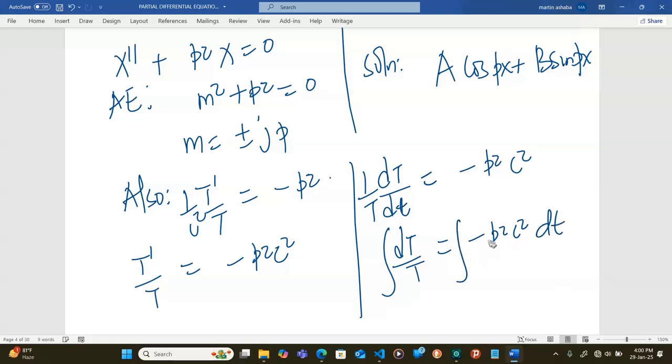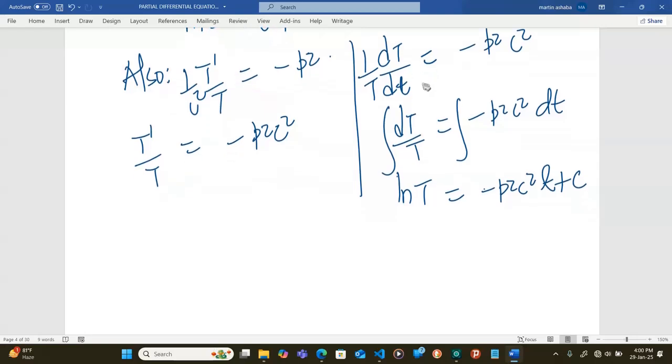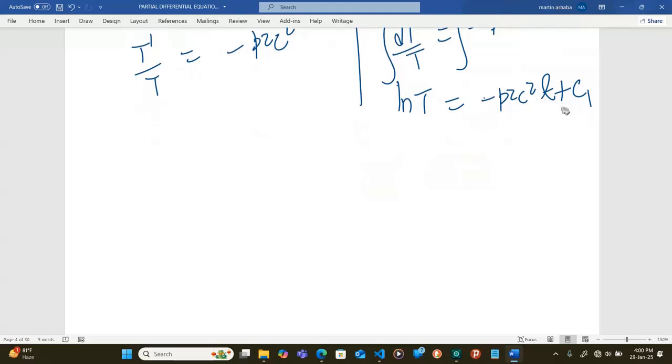Then I integrate also. This gives me natural logarithm of T equal to negative p squared c squared t plus c. Let me call it c1 to avoid confusion with this c I have here. My T is therefore equal to, I introduce the exponential, negative p squared c squared t, then remember I have a c1 here, so you'll have e to the power c1.